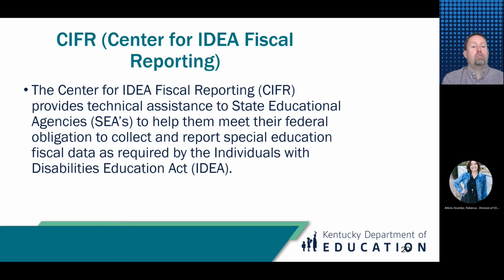CIFR provides technical assistance to SEAs across a variety of fiscal areas, and they've been outstanding in helping us across many areas. They're funded by OSEP to help SEAs across these fiscal areas, and we use their calculator and their spreadsheet as our tool in Kentucky for your MOE compliance.